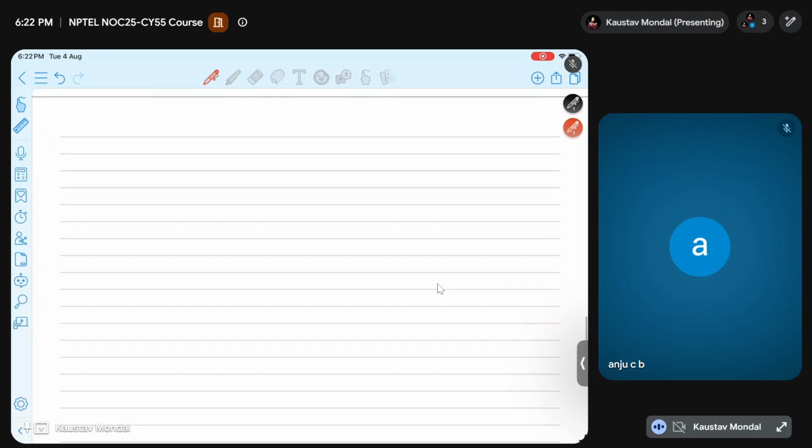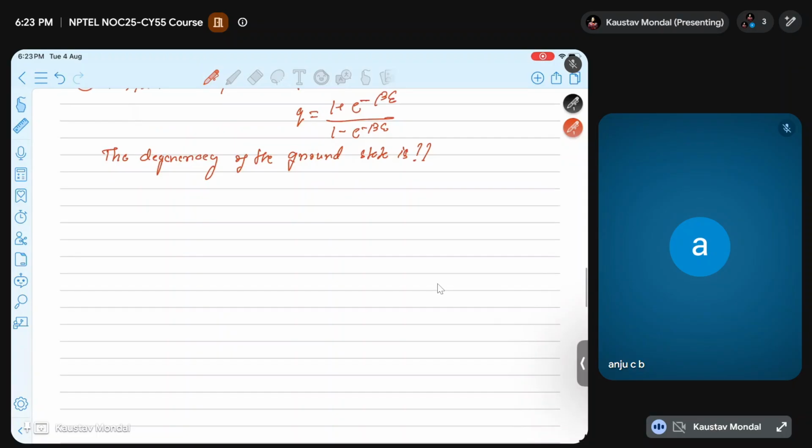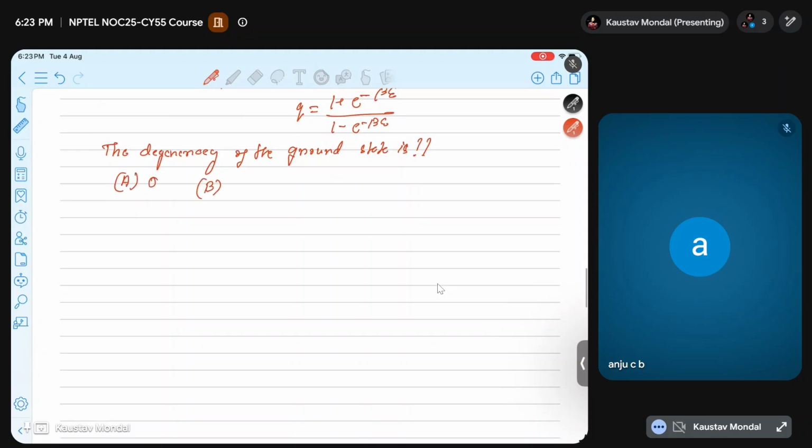The first problem: a system has partition function q equal to 1 plus e to the power minus beta E divided by 1 minus e to the power minus beta E. The question is, the degeneracy of the ground state is: option A 0, option B 1, option C 2, and option D infinite.